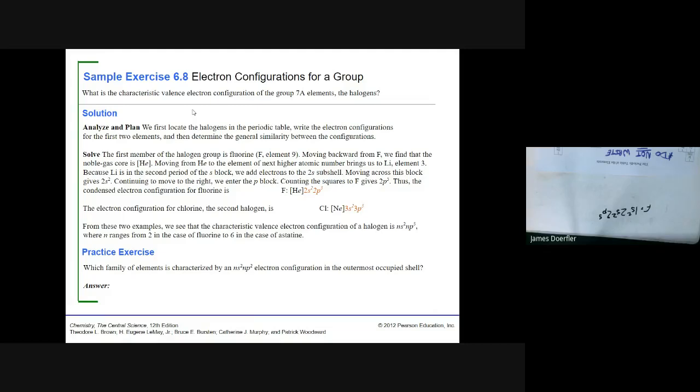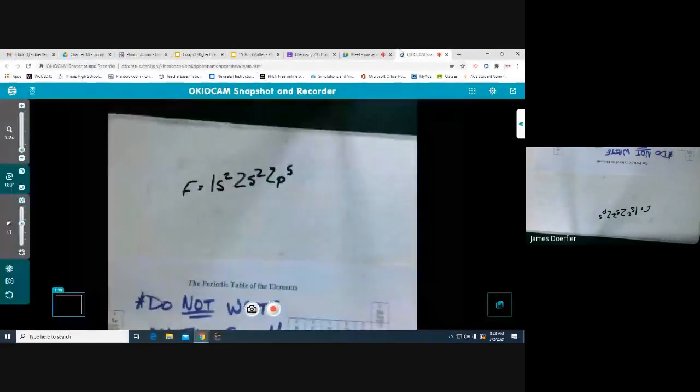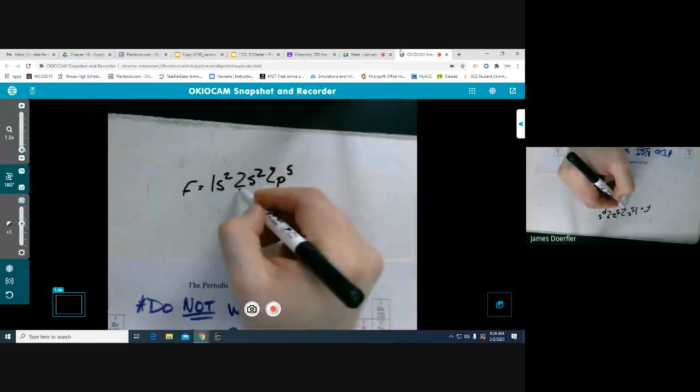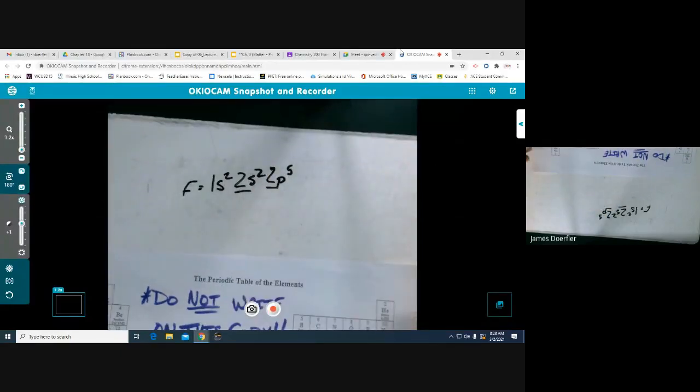Does anyone know what a valence electron is? Nope. The valence electrons are the electrons that are in the outermost energy level, okay? So you see that the largest energy level for fluorine is 2.